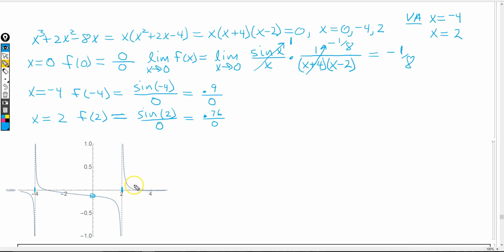Now, if we did want to find the right and left hand limits without looking at the graph, you would just have to do what we did above. I'll just do one of those quickly, like with x equaling 2. If you wanted to look at the limit as x approaches 2, let's say from the right, let's verify that it's positive infinity. We would look at our function, which was sine x divided by, and I'm going to put here the factored version of our denominator.